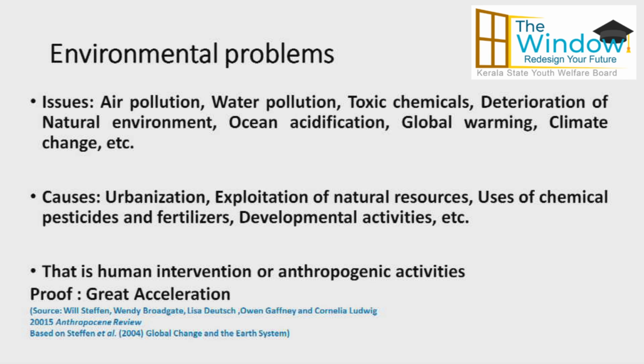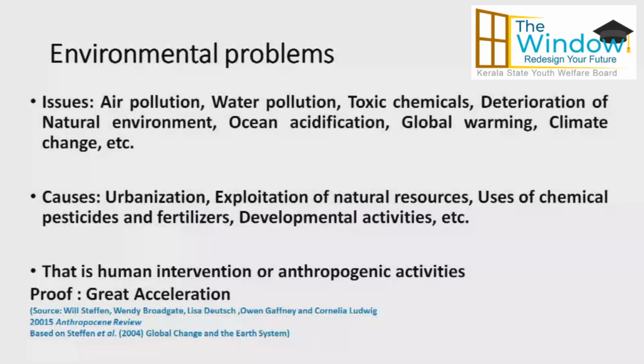So what are the major causes of these environmental problems? Generally, we can say that urbanization, exploitation of natural resources, use of chemical pesticides, and developmental activities are the reasons for the environmental issues. The studies show that there are different arguments related to these causes.